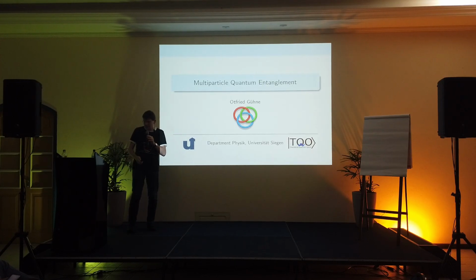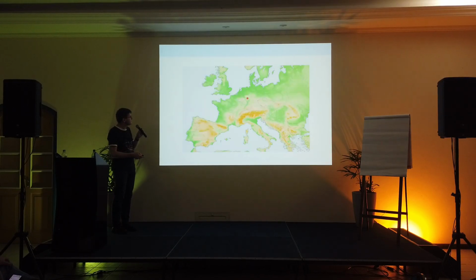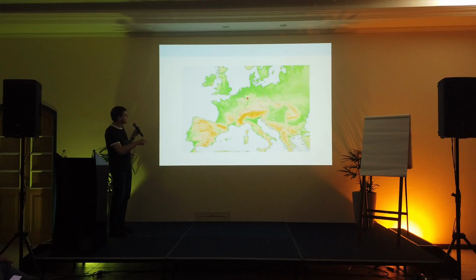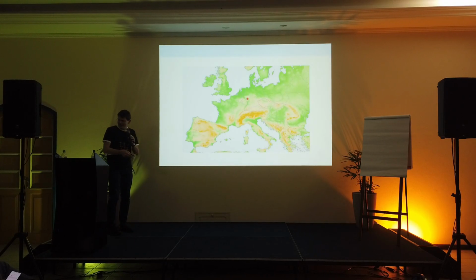And yes, so I will talk about multi-particle quantum entanglement, and this is the first of 3 lectures. Before starting, maybe just to show you a little bit where I'm from, because this may not be so well known. So this is Europe, and this is more or less the place where Siegen is. So it looks quite central, but it's more or less in the middle of nowhere. Very beautiful, right?